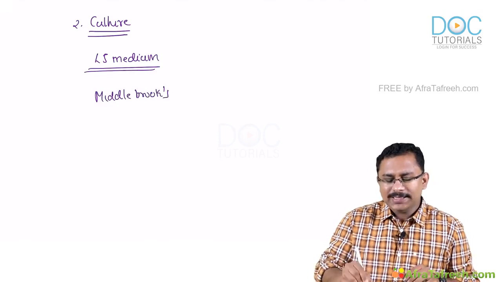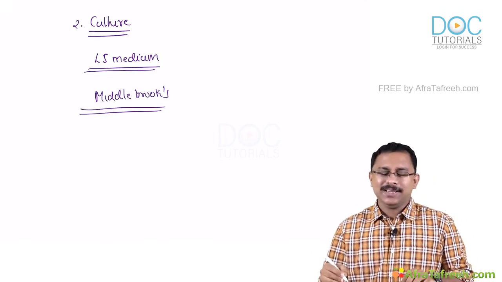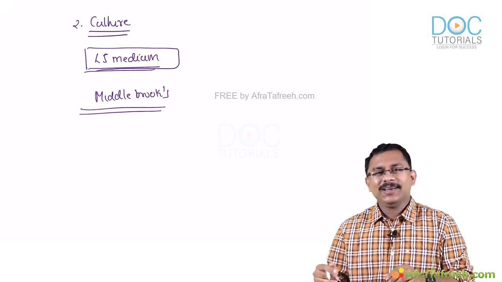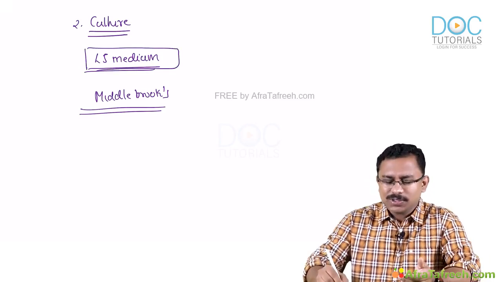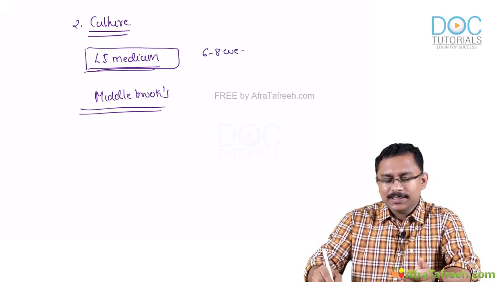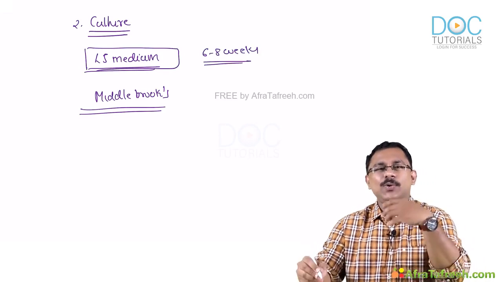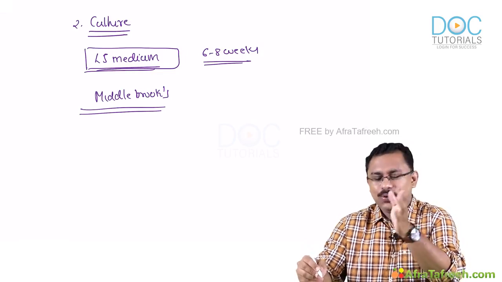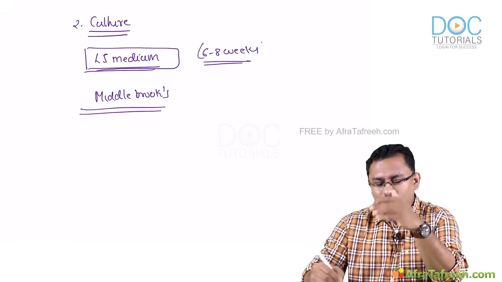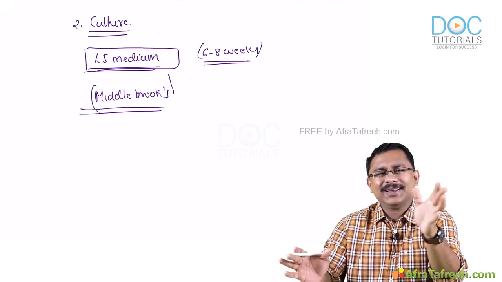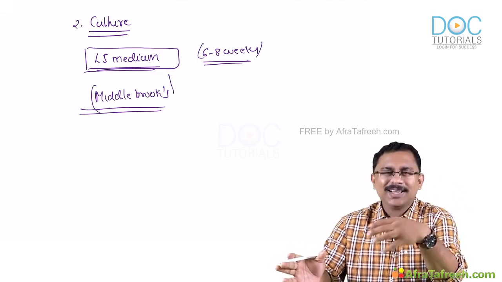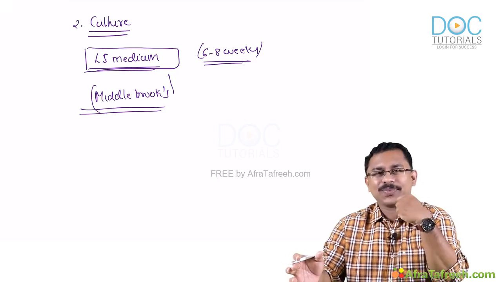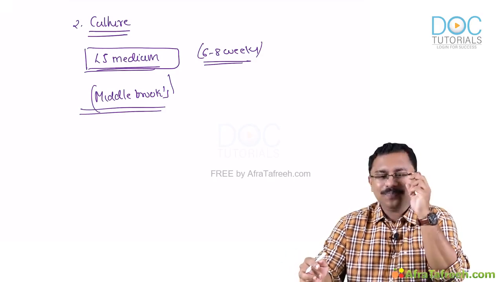So you have various traditional culture methods, but the problem with this LJ medium especially is that it would take time, almost up to 6 to 8 weeks. So suppose you give your sputum sample and wait for 6 to 8 weeks, that is not advised. Middlebrook is slightly faster, but again the problem with the conventional culture medium is the time that it takes for a result to come. Okay, so that is a problem.